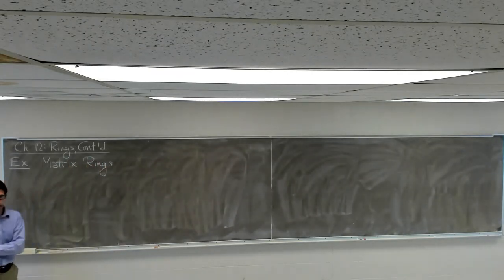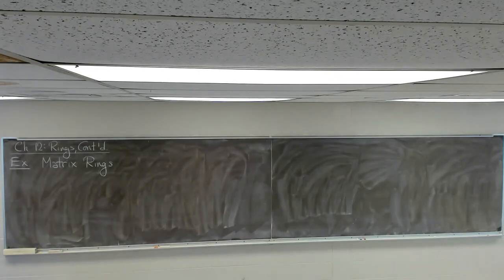So, matrix rings. Here, just to keep things nice and small for writing, we'll stick with the 2 by 2 case, but everything that we're going to say here is true for any size of matrix.